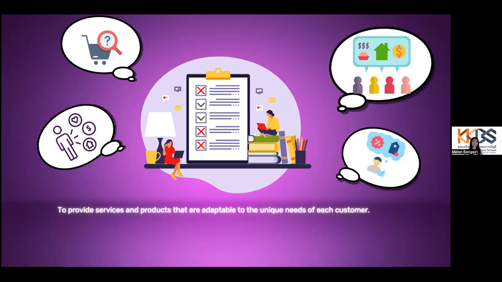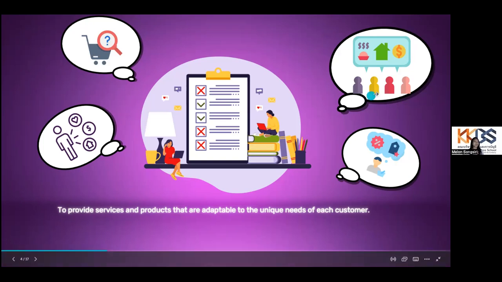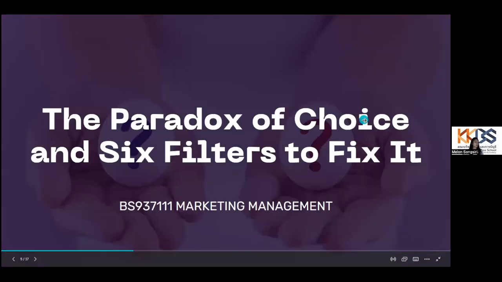To carry out a customized strategy successfully, the business needs to understand what makes choice valuable and meaningful to their customers rather than overwhelming. So next is the paradox of choice and 6 features to fix.